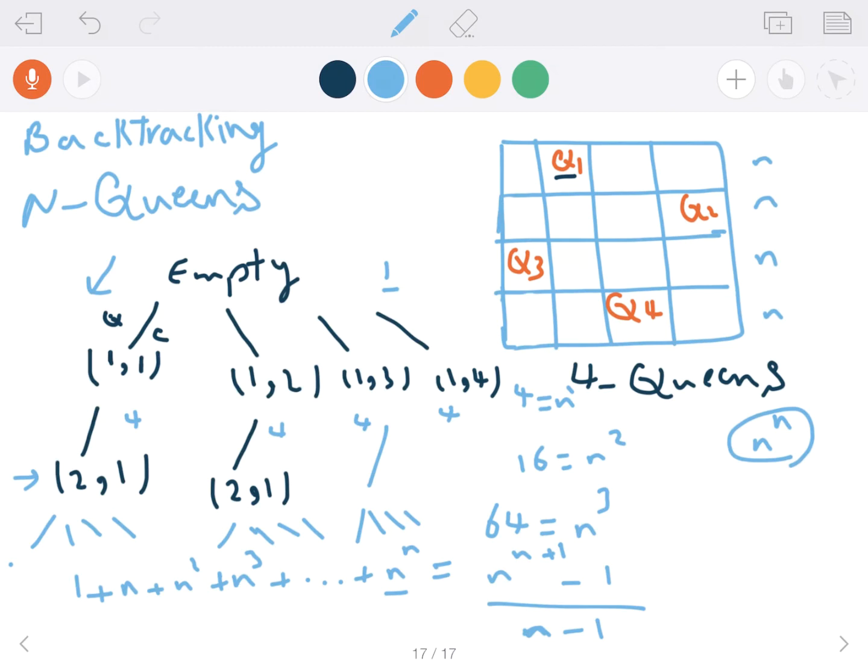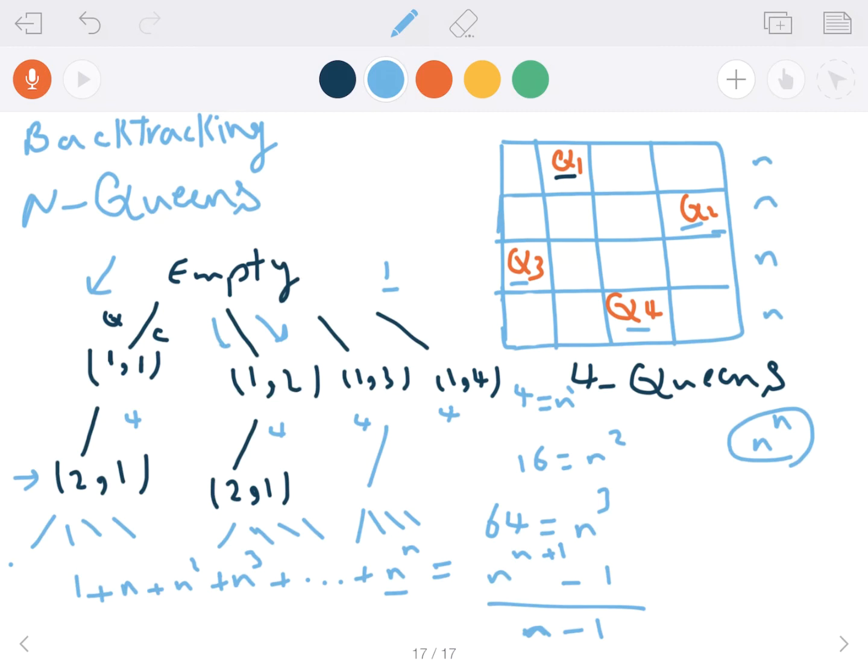For example, you are saying that you put the first queen in the second row, then put the second queen in column 4, put the third queen in column 1, and then put queen 4 in the third column. That's going to be a solution. So that's a path from the root of the tree to a leaf node.